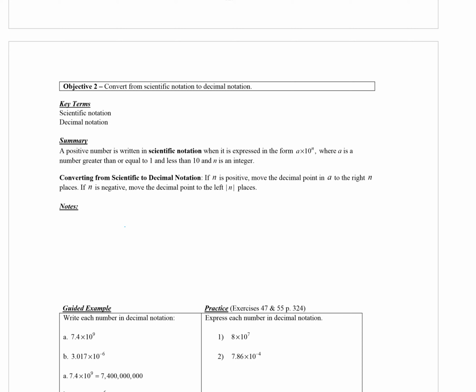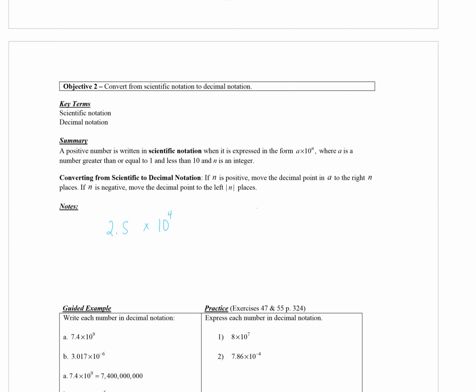You're going to have some number, we'll call it a, and it's going to say times 10 to the power n. If n is positive, that means it's very large. You know what? Let me show you through example. I'd rather do examples. I don't like this variable. So let's say you have 2.5 times 10 to the 4th power, a positive number.